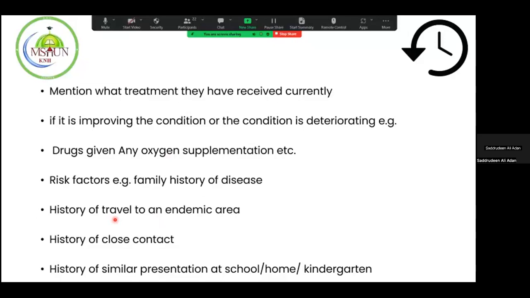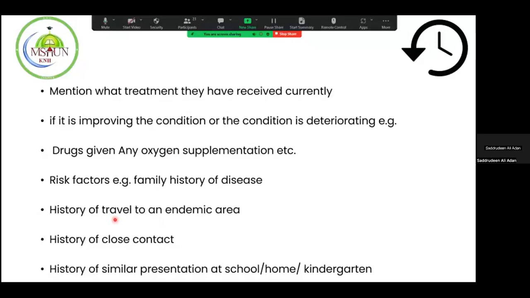It's also good to ask about history of travel to a malaria endemic region or a disease that's endemic in a certain region. Then history of close contact, for example, in TB or other respiratory illnesses that are spread through respiratory droplets. Then also history of similar presentation at school, at home, or even in kindergarten.